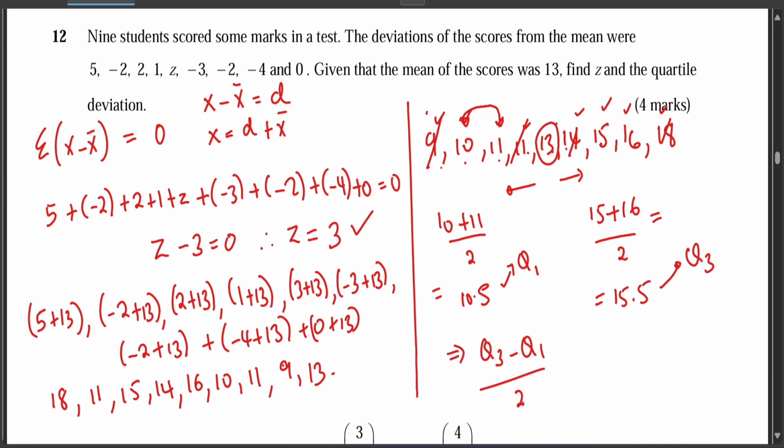That is why we found the median of the third quarter and the median of the first quarter. So it gives you Q1 and Q3. So Q3, which is 15.5, minus your Q1, 10.5, divided by 2, gives you 5 divided by 2, which is just 2.5. So that's your answer. Simple as that. So let's continue from there.